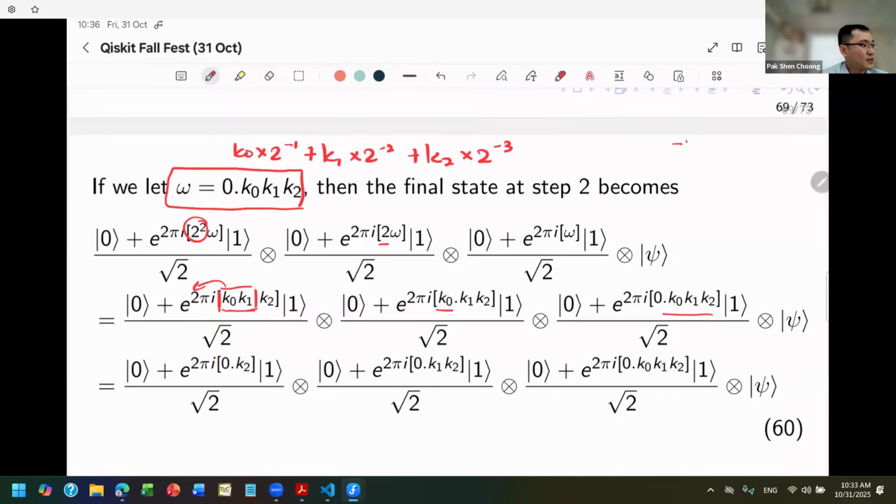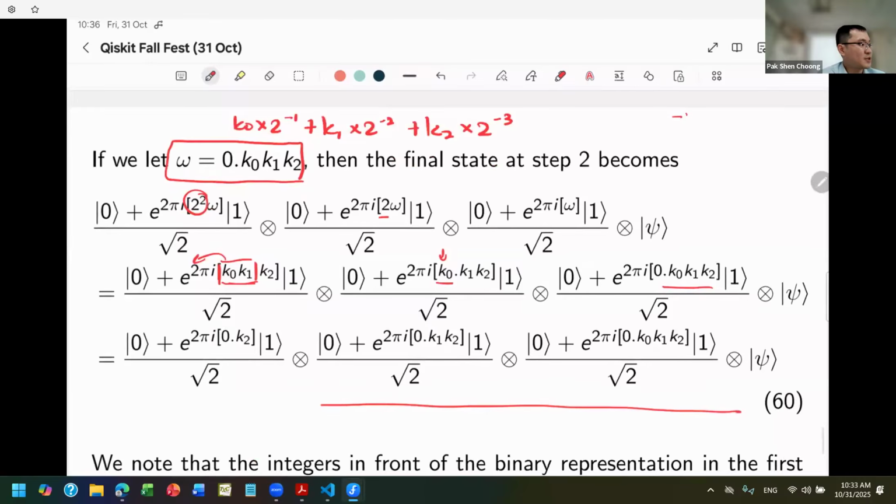Similarly, over here, you can disregard the k naught and you get 0 point k1, k2. The third one will be 0 point k naught, k1, k2. So now this particular form is really familiar from the Fourier transform that we had just now. That's why I say phase estimation is kind of like the inverse of Fourier transform.